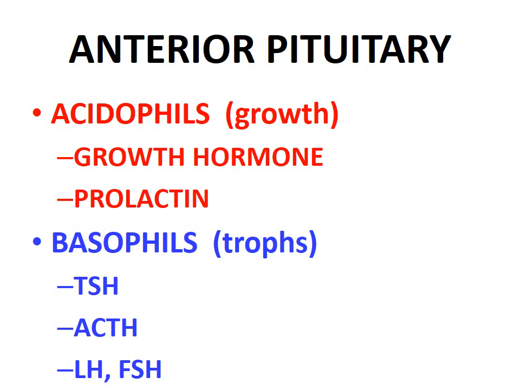They release hormones into the bloodstream that act on target organs like the thyroid gland, resulting in release of thyroid stimulating hormone, the adrenal cortex, releasing ACTH, and the ovaries and testes, resulting in secretion of LH and FSH. So basophils act on the target organ through the bloodstream, and acidophils act directly on the body.